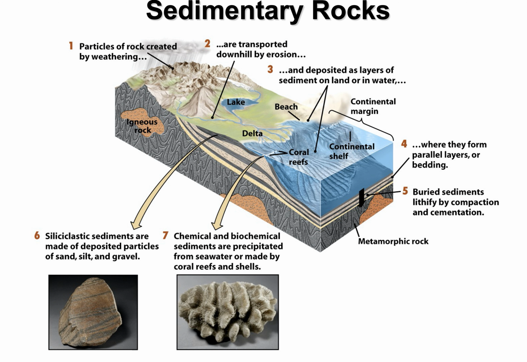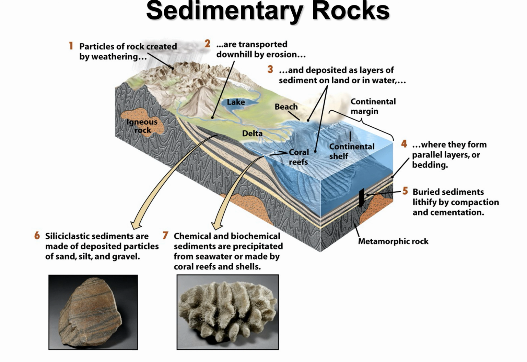Secondly, these grains or particles of rock were transported downhill by erosion, and therefore we usually need water to transport all these particles down the hill. Finally, they were deposited as layers of sediments on land or in the water.